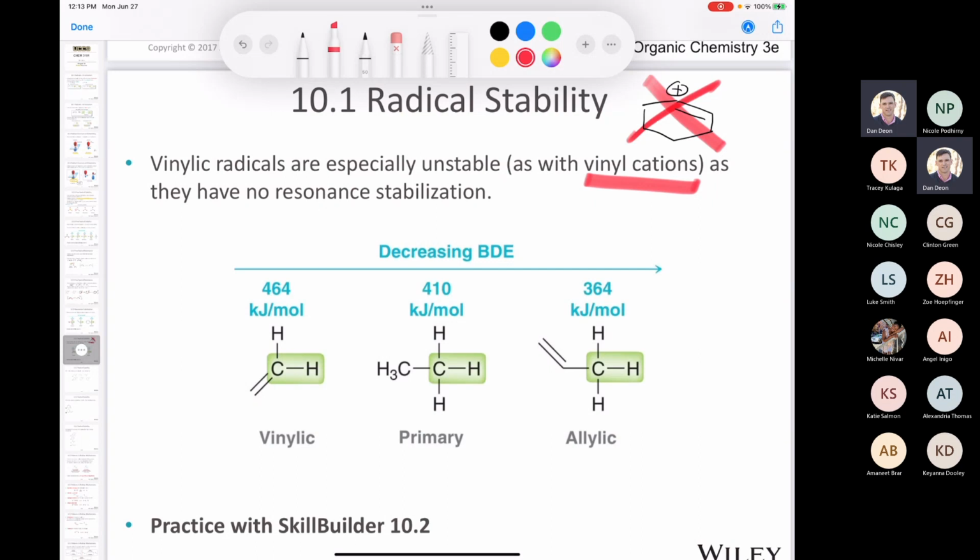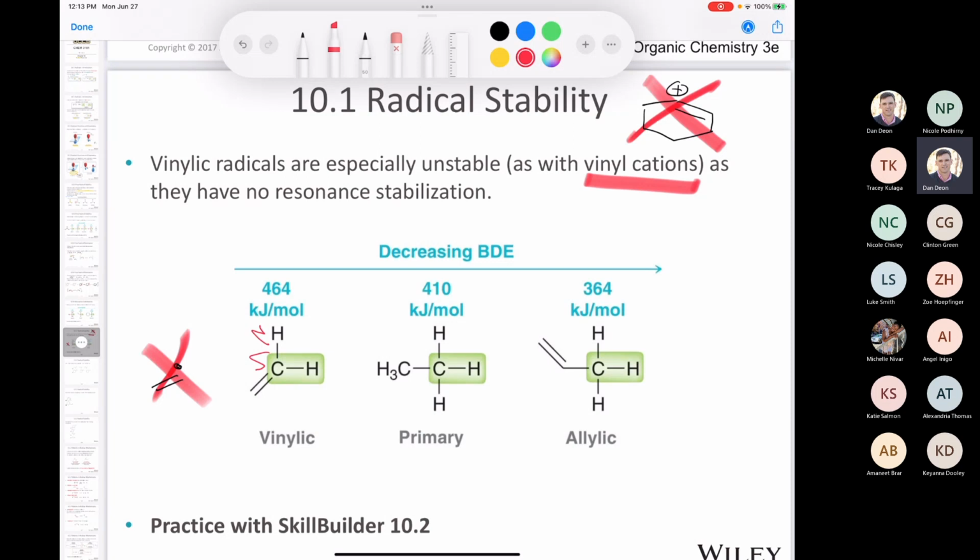So it should come as no surprise that if you were to try to break this bond homolytically, you would end up with a vinyl radical. And that also is super duper unstable. Okay, you're never going to have a radical on an sp2 hybridized carbon, or I should say a vinyl carbon, and you're never going to have a carbocation on a vinyl carbon. Doesn't happen.